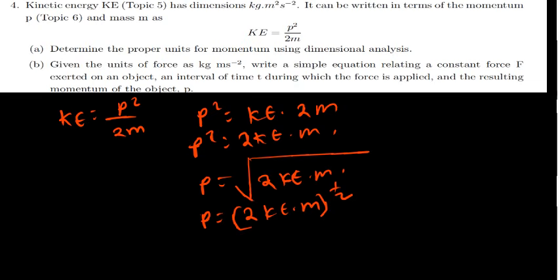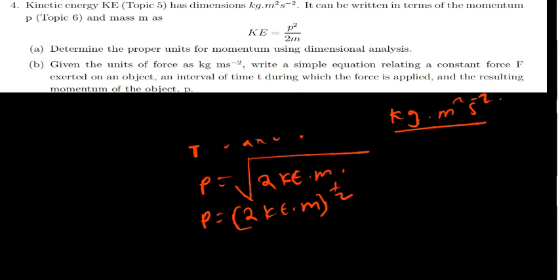They are saying that the kinetic energy has dimension kg meters squared s negative 2. So there's no need for us to panic. So these are the units. So what we're going to do now, we are going to put them there. Can I just remove this part?